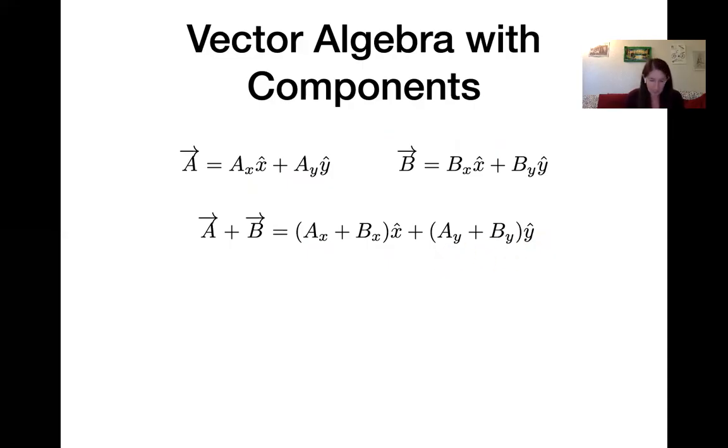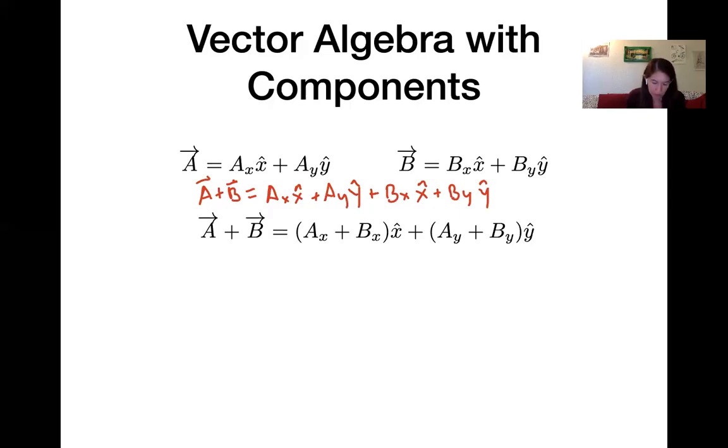And if you can't see how I got to this, we can actually derive it with one line. a plus b, if I literally just copy down my expressions for a and b, I have a_x x hat plus a_y y hat plus b_x x hat plus b_y y hat. Sorry, my sub y's look a little bigger than they should be.